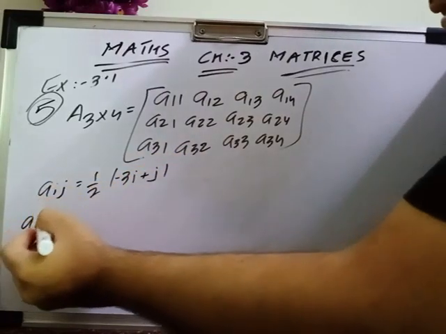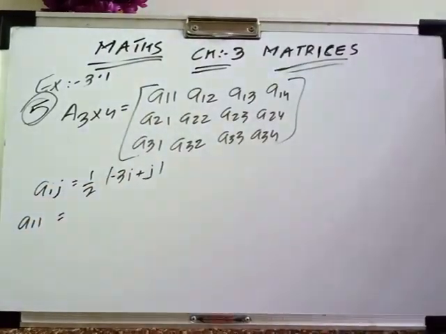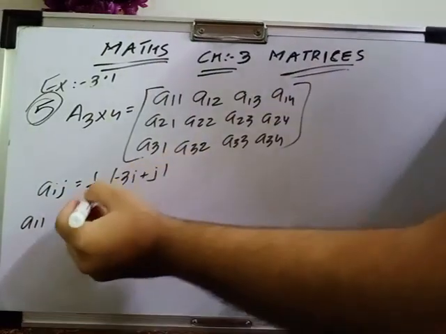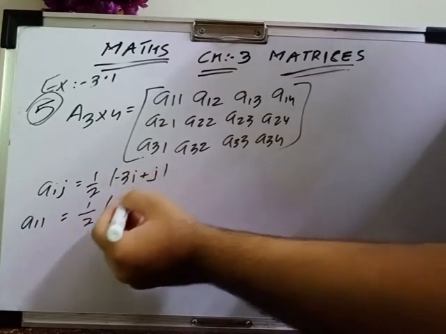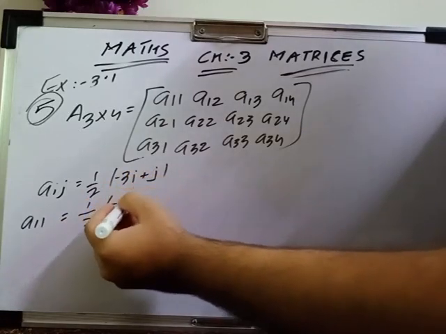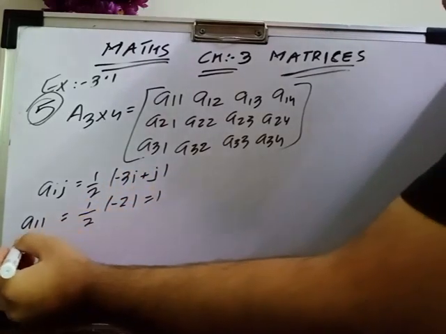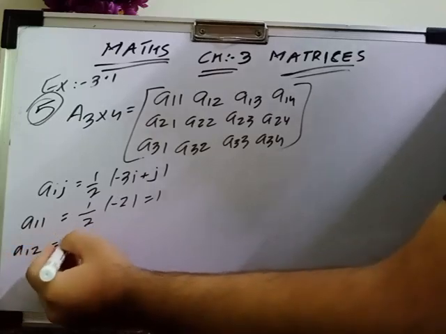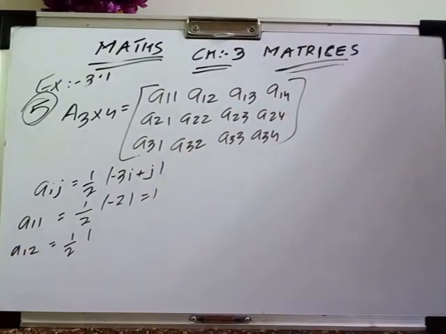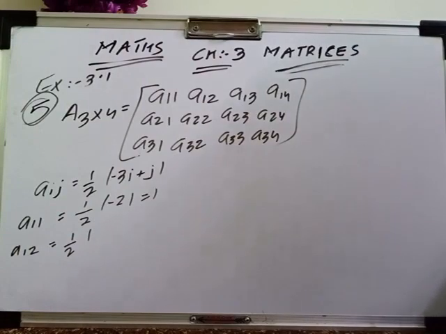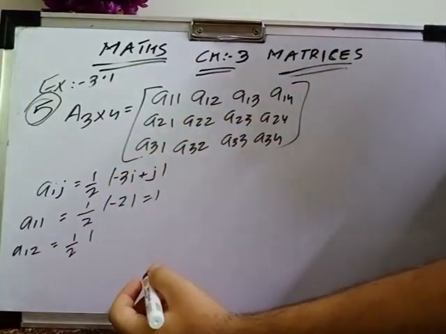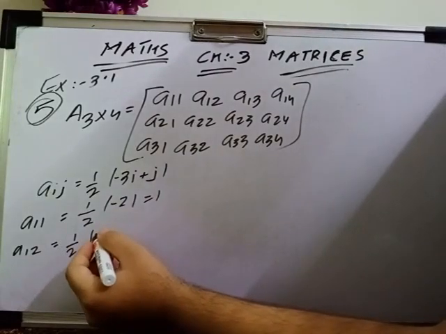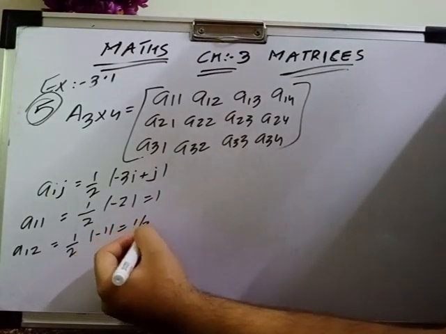So if I am interested in finding A11, then I will take i as 1, j as 1, so minus 3 plus 1 will give me minus 2, so it will be 1. A12: I will keep i as 1 and j as 2, so minus 3 plus 2, I will have minus 1, so it will be 1 by 2.